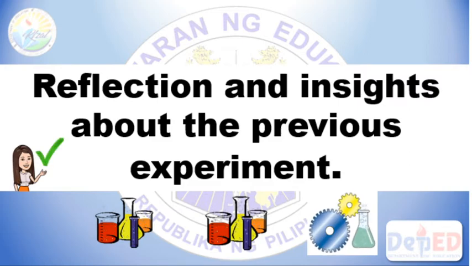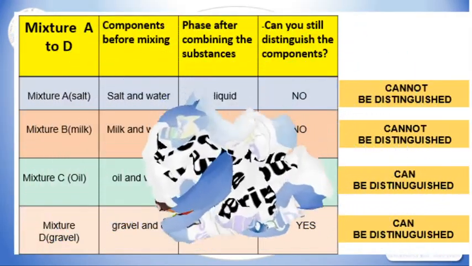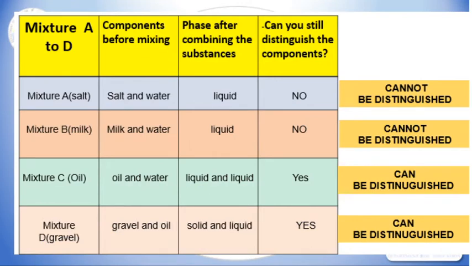Reflection time! Just listen well because this one is very important. From your last experiment, our mixture A has salt and water as components. When combined, we had a liquid phase.